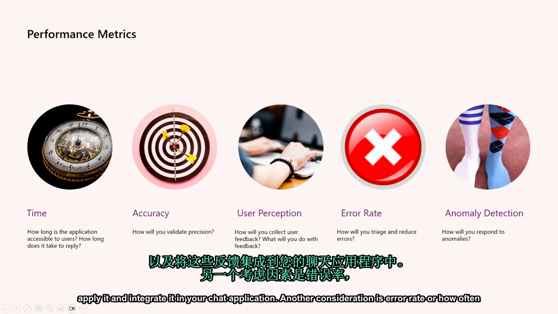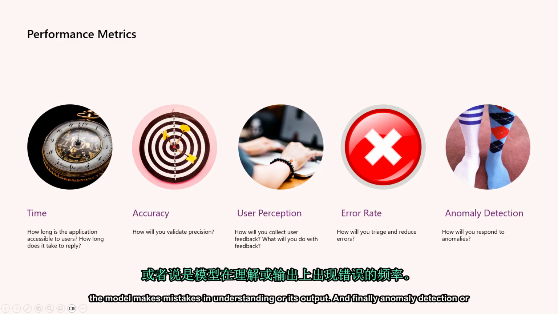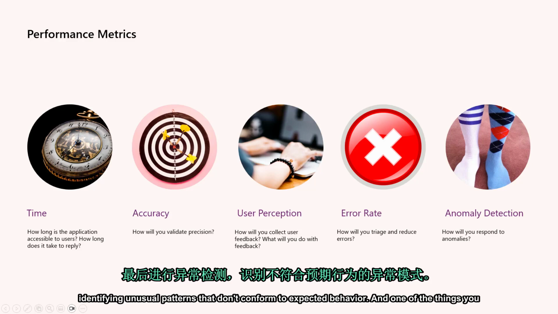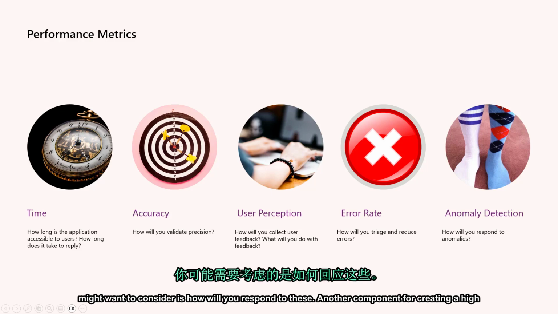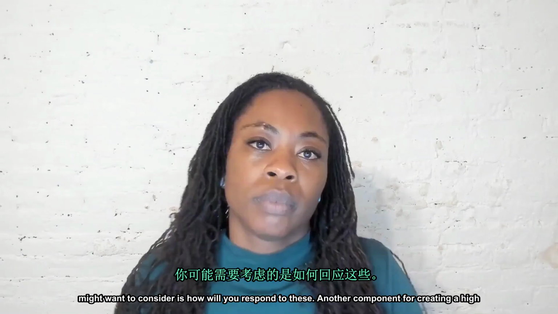Another consideration is error rate, or how often the model makes mistakes in understanding or its output. And finally, anomaly detection, or identifying unusual patterns that don't conform to expected behavior. One of the things you might want to consider is how you will respond to these.